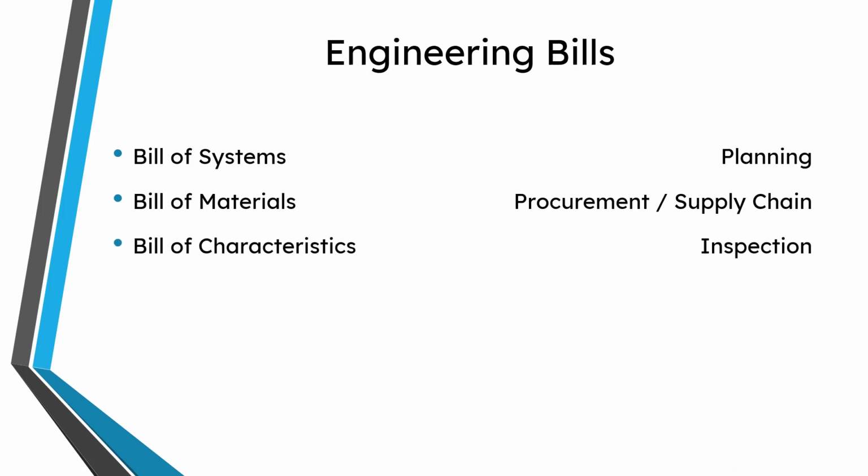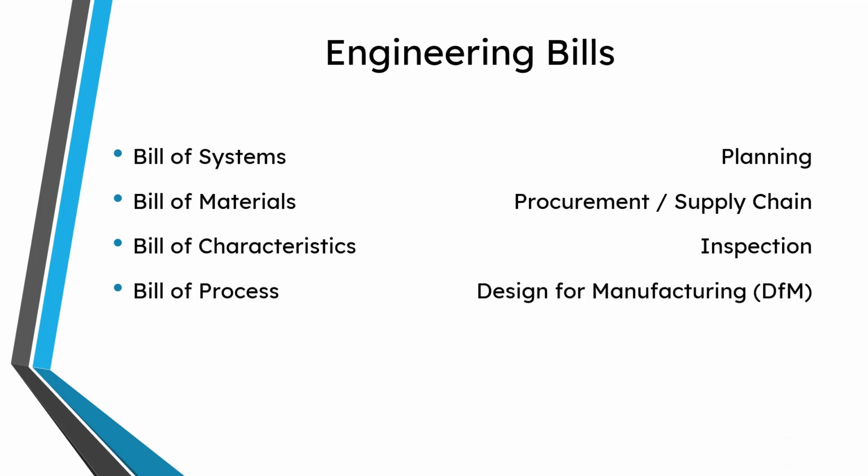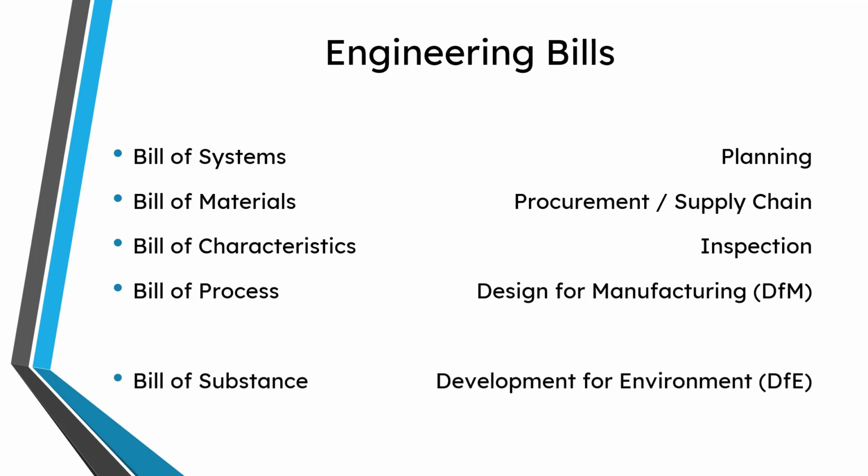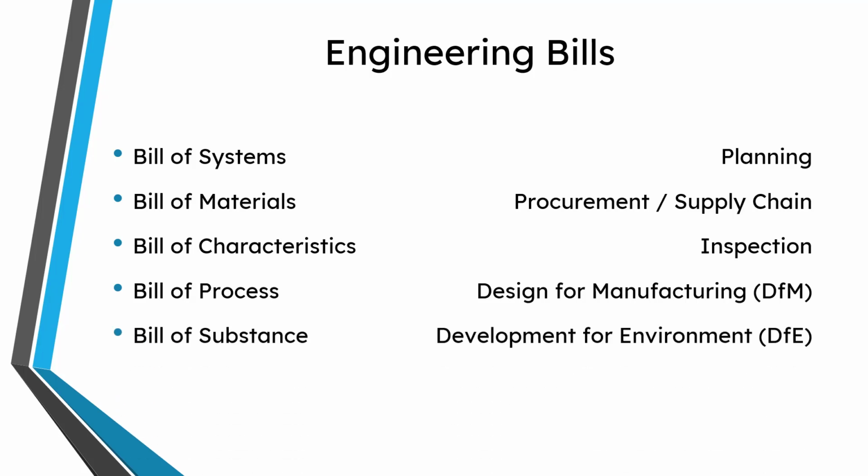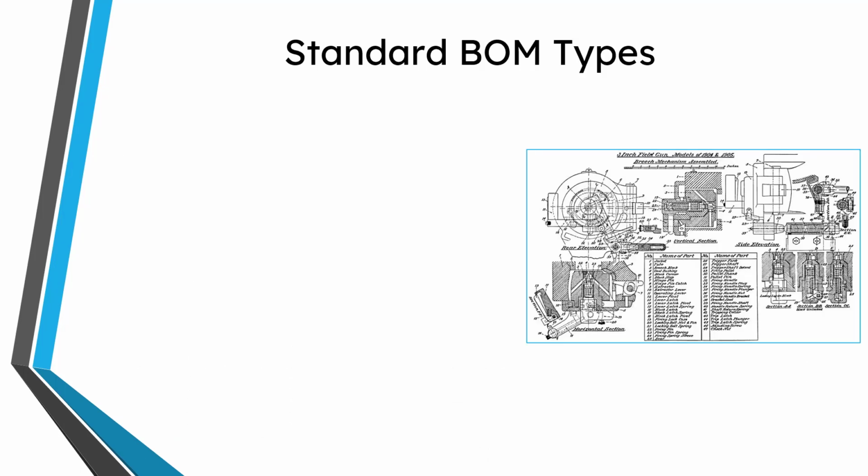You could also have a bill of characteristics, which is used in the inspection process, and a bill of process, which is used in design for manufacturing, and also a bill of substance, which is used in DFE, the development for environment field.